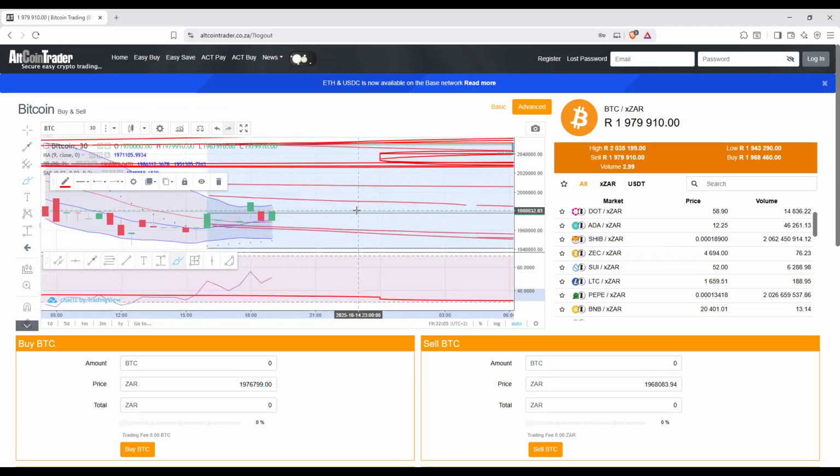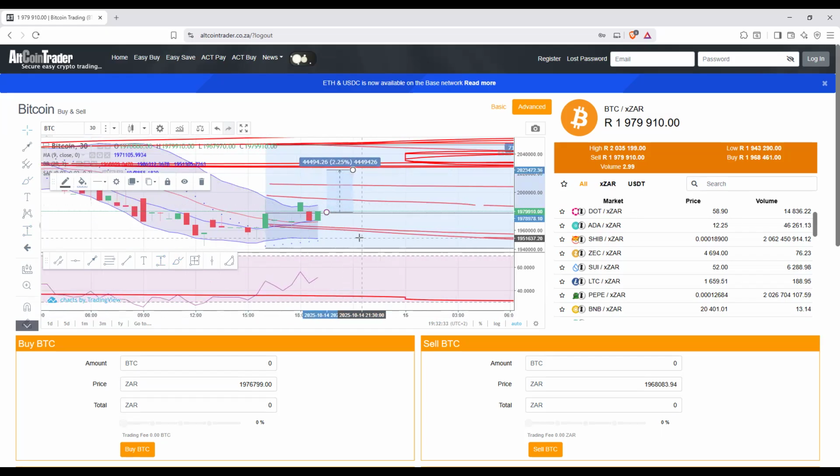Make it auto. In 30 minutes, I can see there's a green candlestick. We've just found places where the market could go to, different moving average points. So if I want to make 1%, I'm sure I'll be able to make 1%, 1.2%, up to 2% in the next few hours between now and tomorrow this time.